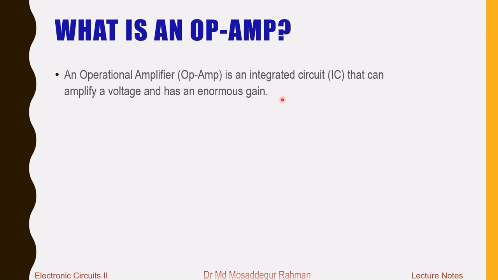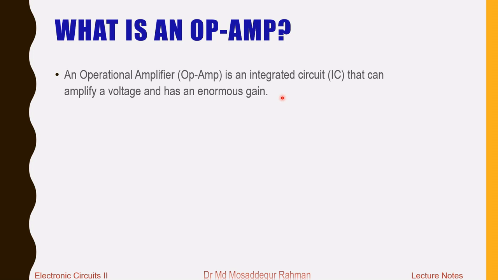Not only enormous gain, it has many other desirable features that we look for in an amplifier, and that makes it very suitable for constructing circuits for many different applications.